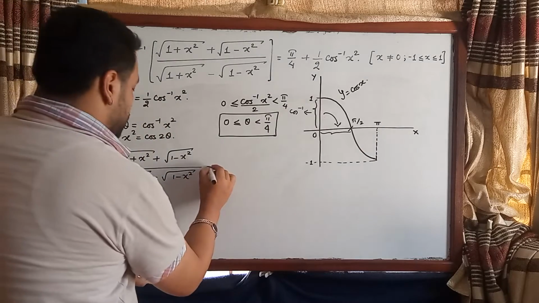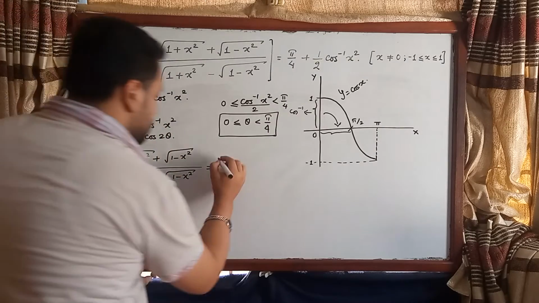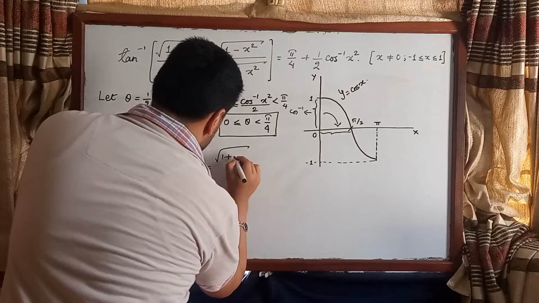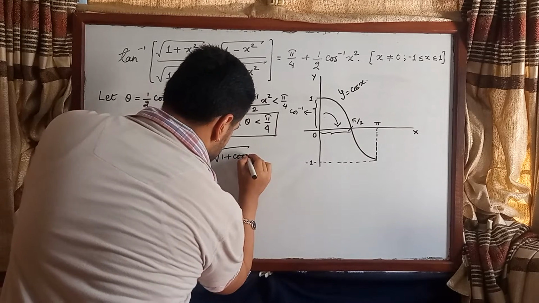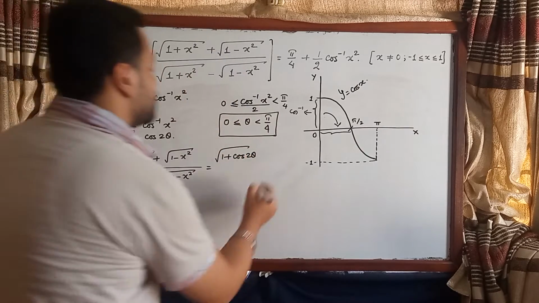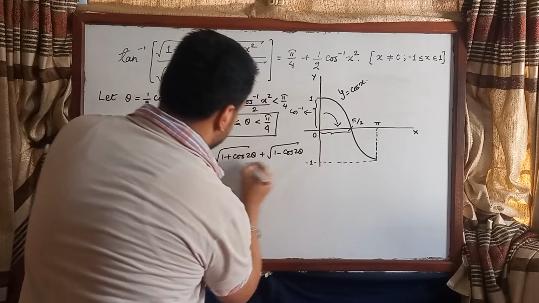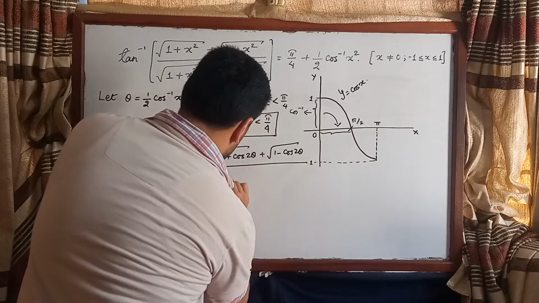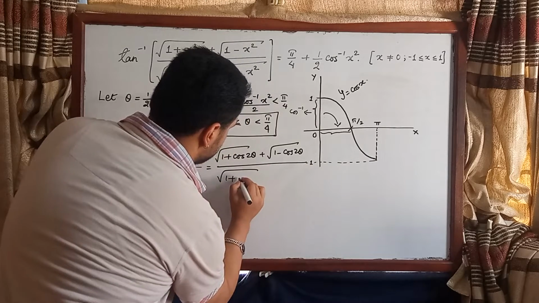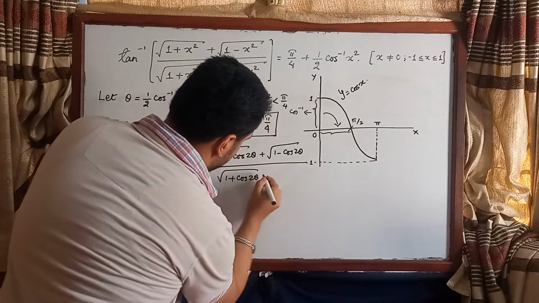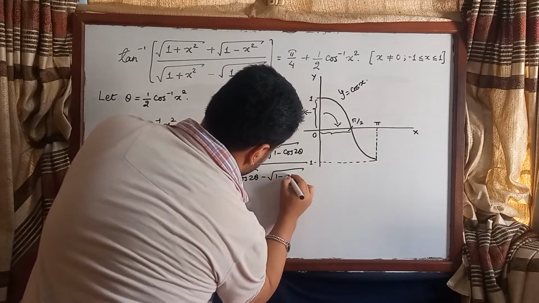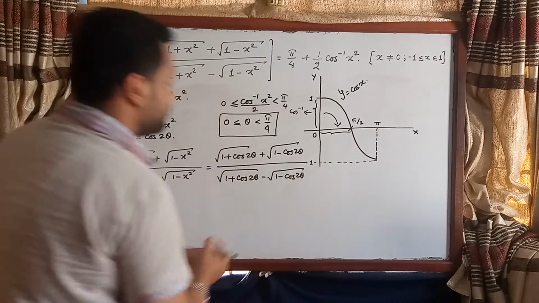Now x squared is cos twice theta, so it is square root of 1 plus cos twice theta plus square root of 1 minus cos twice theta over square root of 1 plus cos twice theta minus square root of 1 minus cos twice theta.